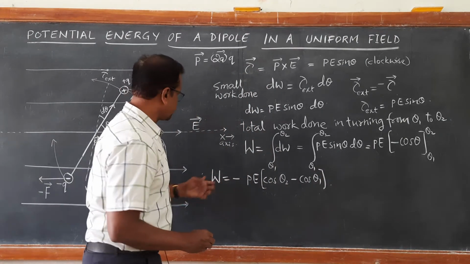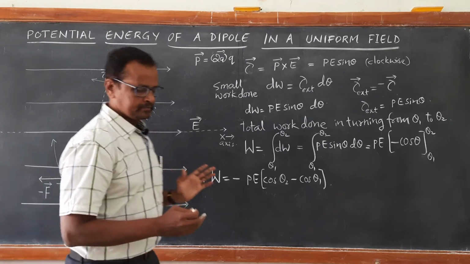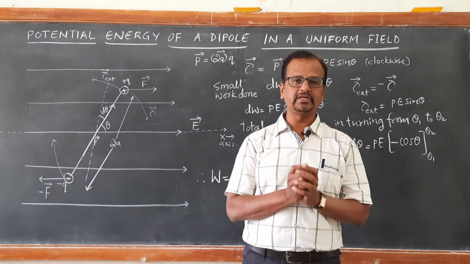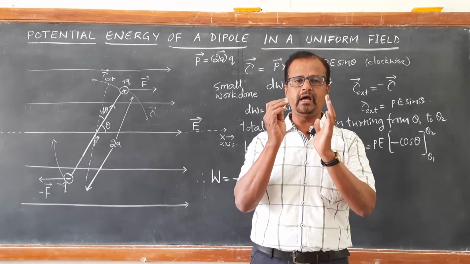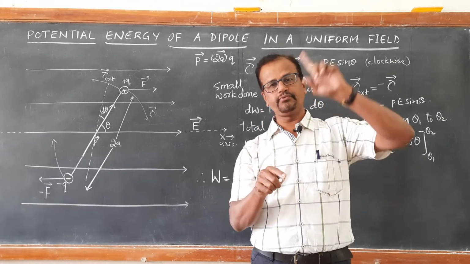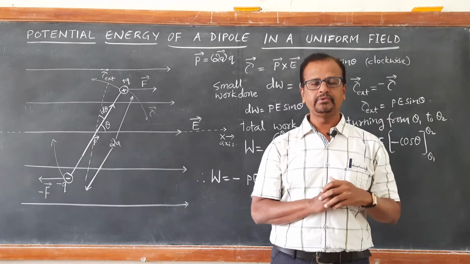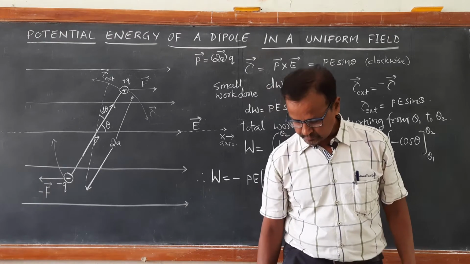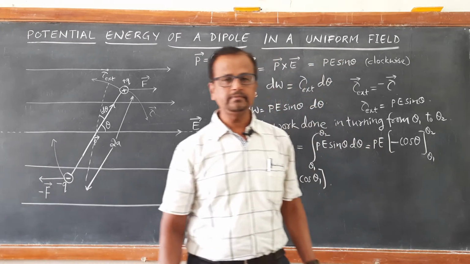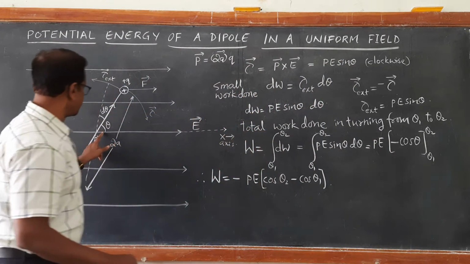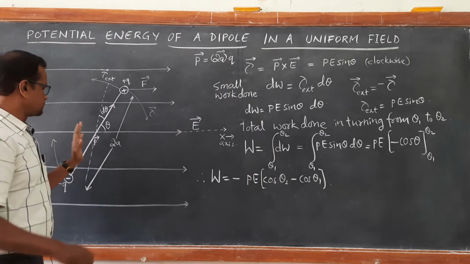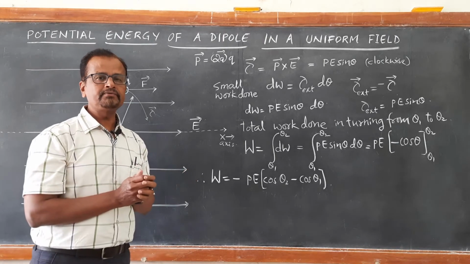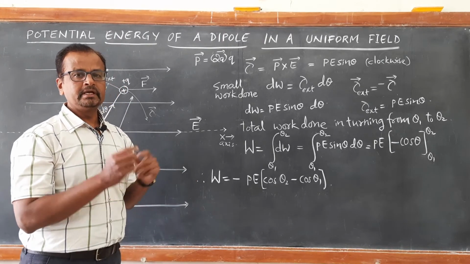So, this work done is stored in the dipole as a difference in potential energy from the initial angular position theta 1 to the final angular position theta 2. When the dipole is turned from initial angle theta 1 to final angle theta 2, it is stored in the form of potential energy difference.